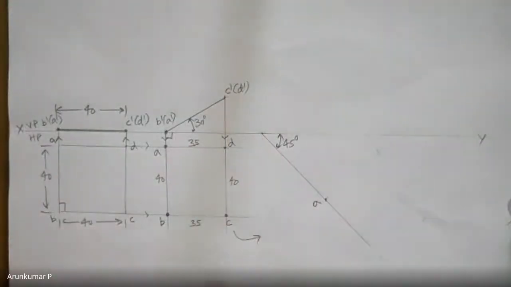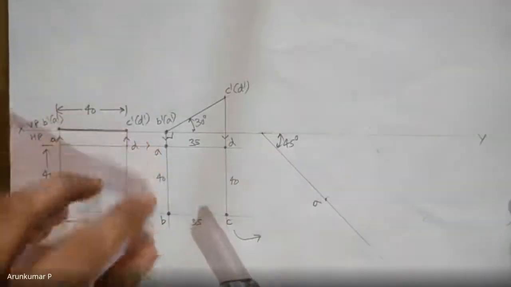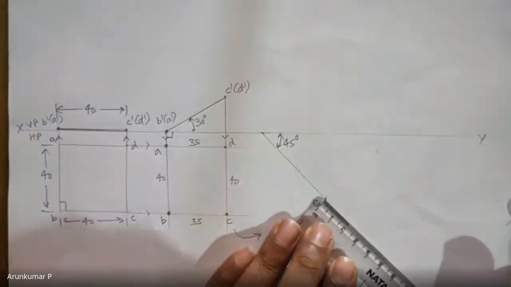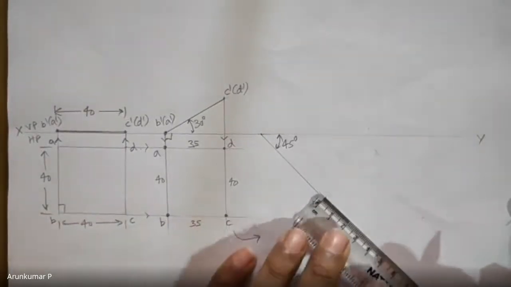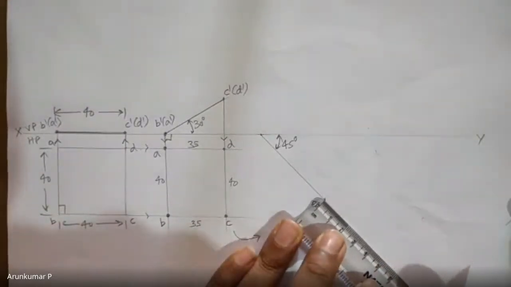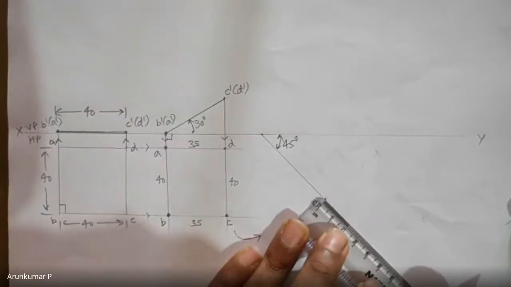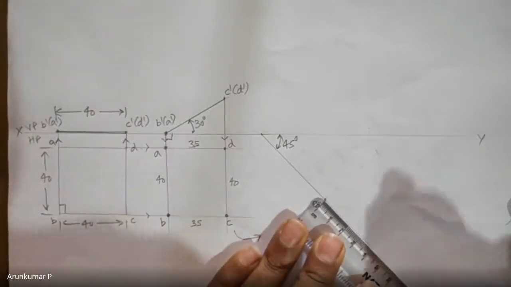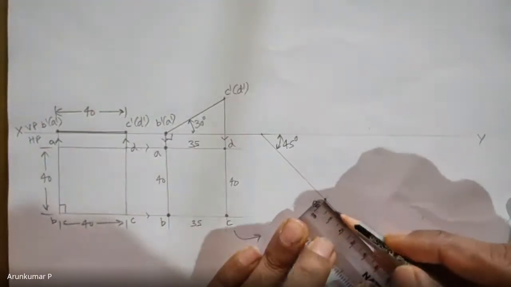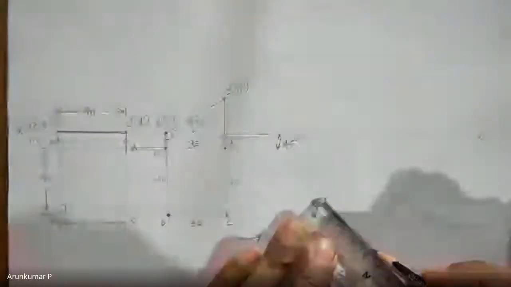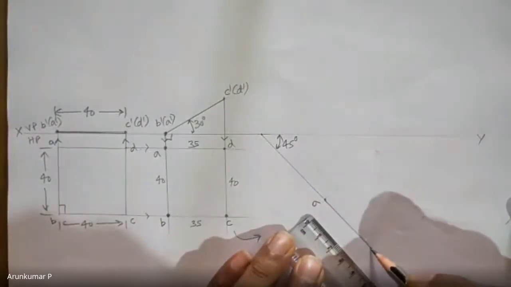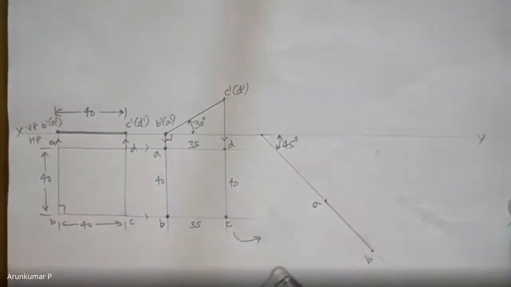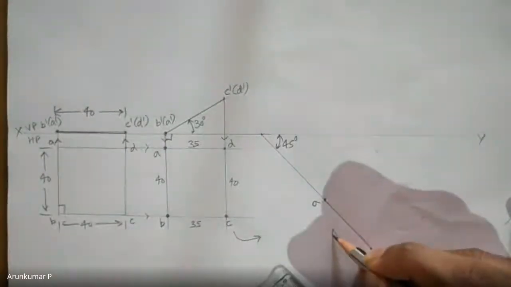So I'll mark the point A. I know the length of AB is 40. From here, I can use either the scale or the rounder. It's up to me. So 40 mm. This is 40. I'll locate B. This is the 40 mm.